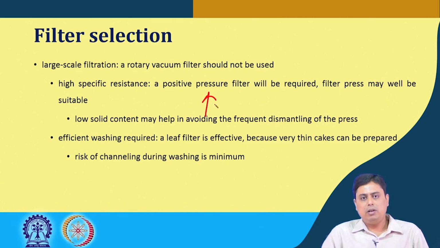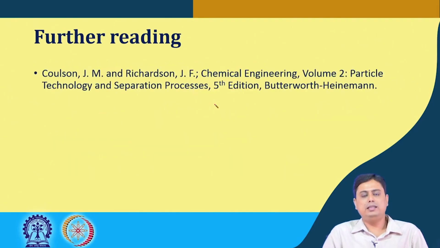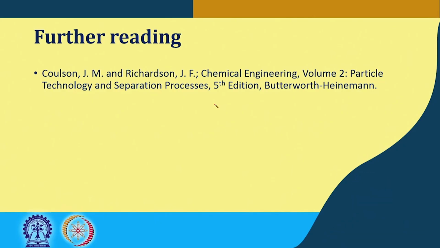Similar suggestions are given by several researchers. These are a few of them. For details on the design as well as other suggestions, please refer to this reference book for in-depth understanding of these filters.